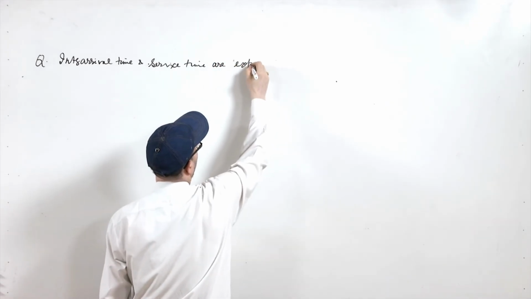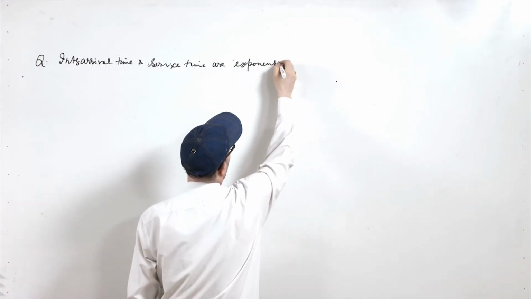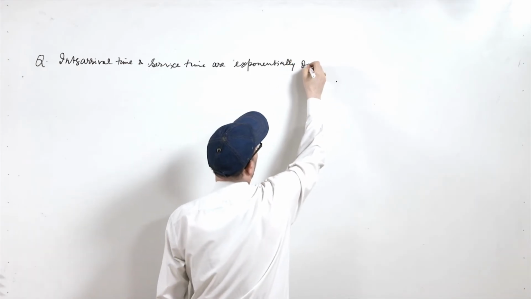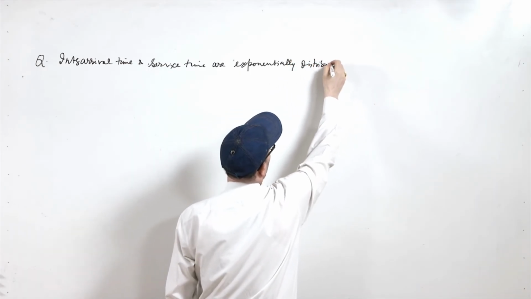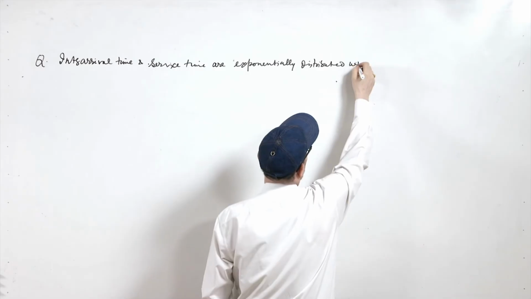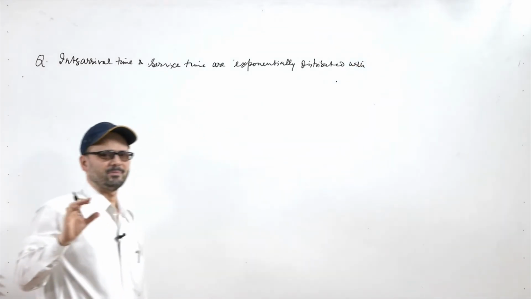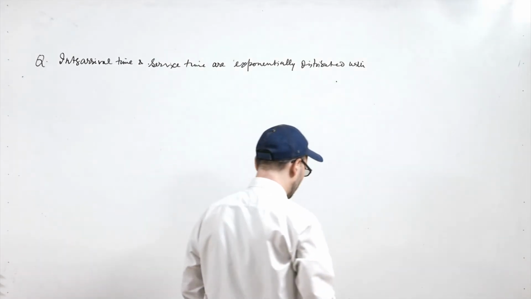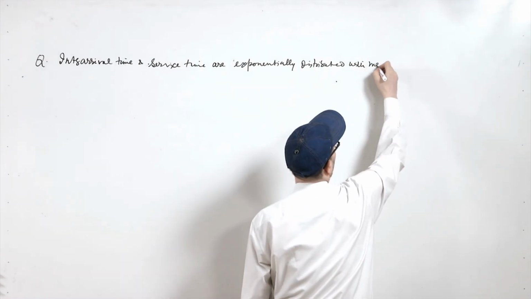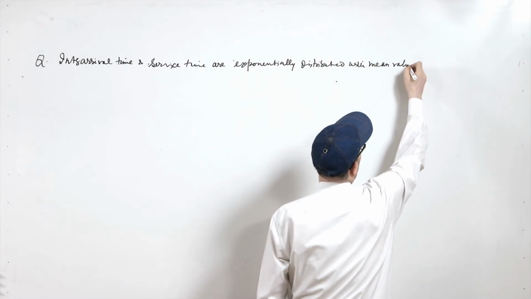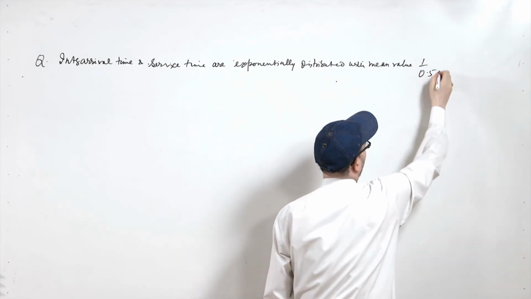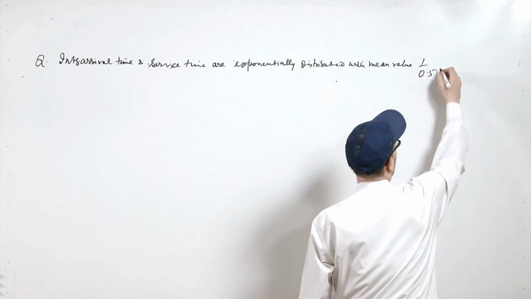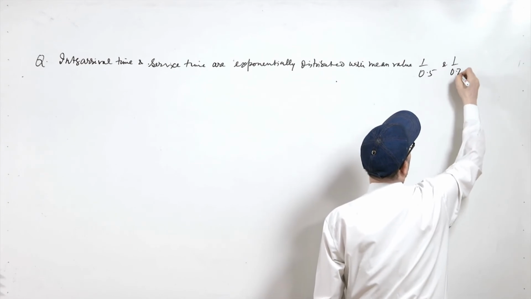with some mean value. As we know, if you have the parameter lambda, the mean is 1 by lambda. So, they have the mean values 1 by 0.5 and 1 by 0.75 minute respectively.